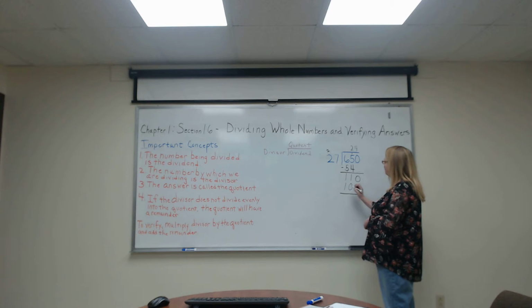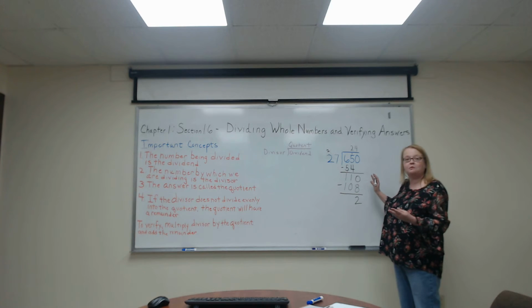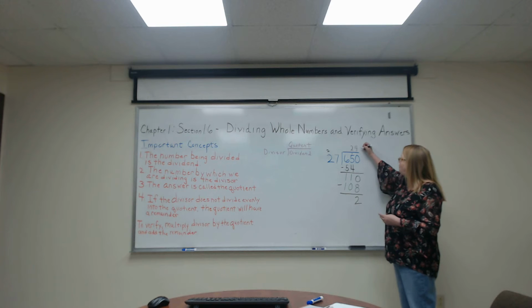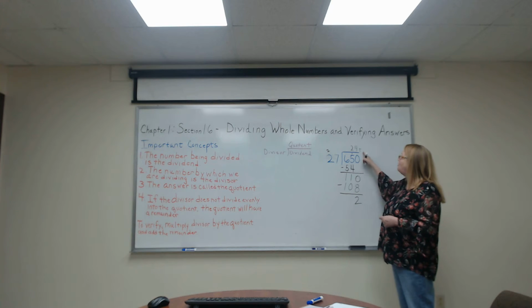We subtract this amount and end up with 2. Now that we've gone through all the numbers, we know that we have a remainder. The way we write that is 24 with a remainder of 2.